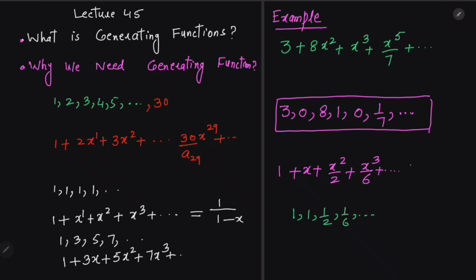And we know that this power series is equal to e^x. So we can say that this sequence has a generating function which is e raised to power x.